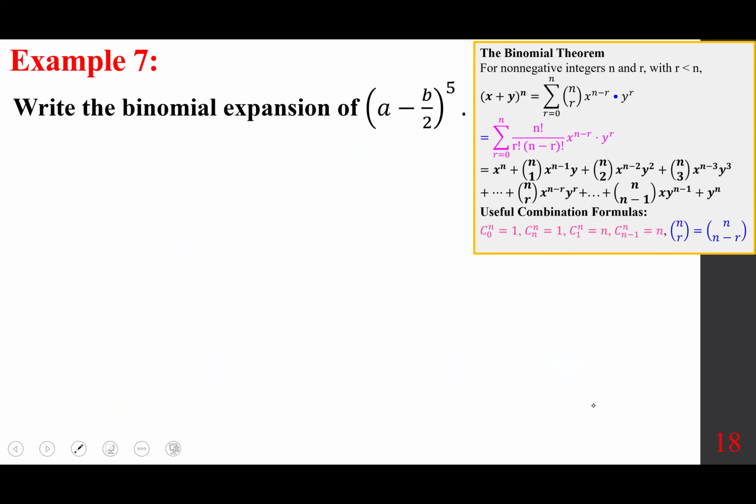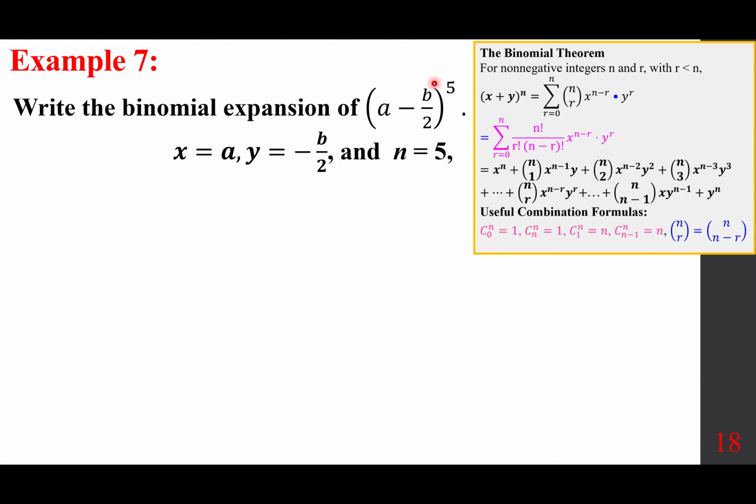All right. We are going to follow that. If you want to go with that concept, x is a, y is minus b over 2, n is 5.